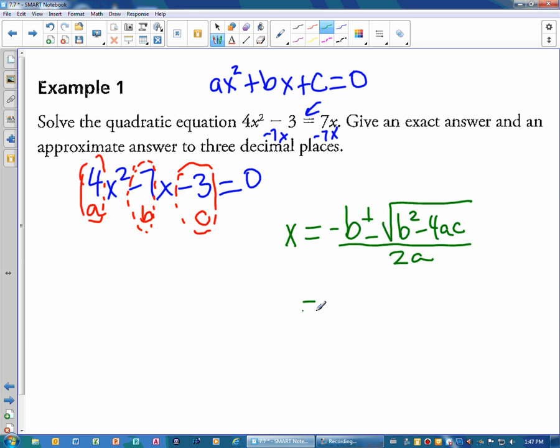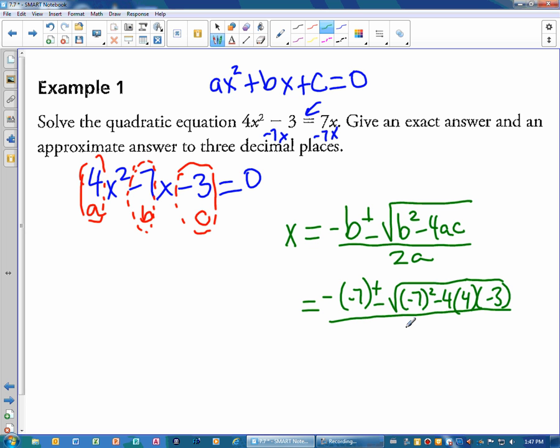So all we're going to do is plug in numbers. b is negative 7, so negative b is negative 7, plus or minus the square root of negative 7 squared minus 4 times a, which is 4, times c, which is negative 3. Okay, so all of this is inside the square root sign. Everything is over 2 times a.